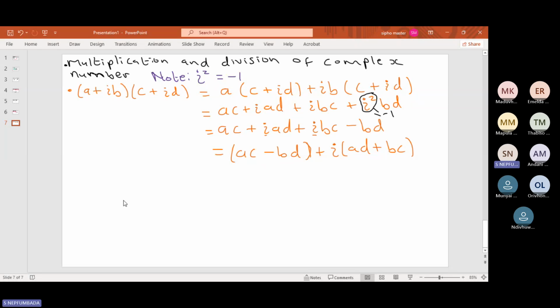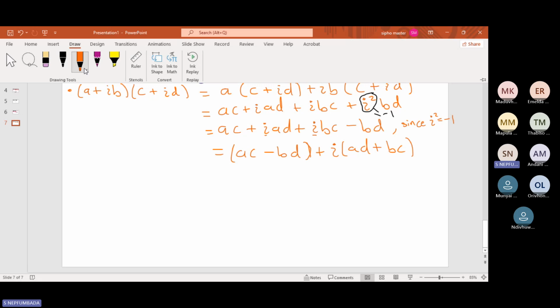Are we fine? Yes. So can we proceed? Yes. You can say since i squared is equal to minus 1 after substitution, to show that you are following the course.